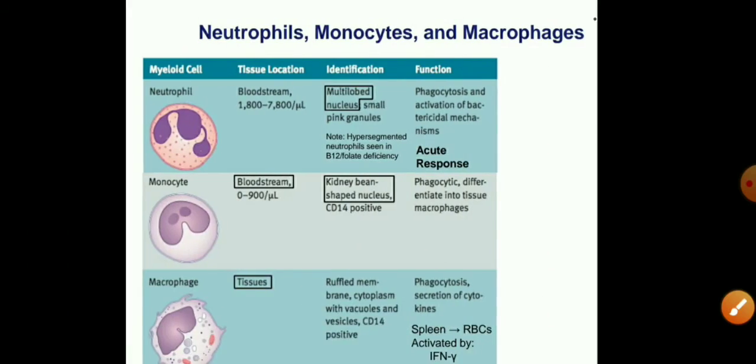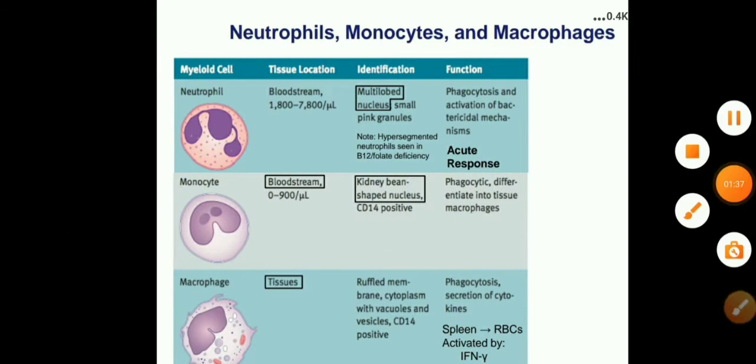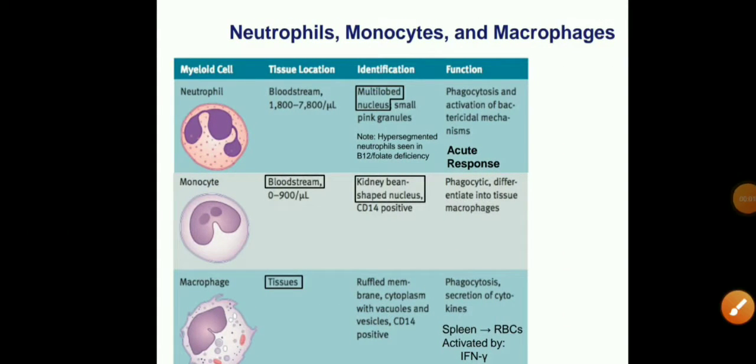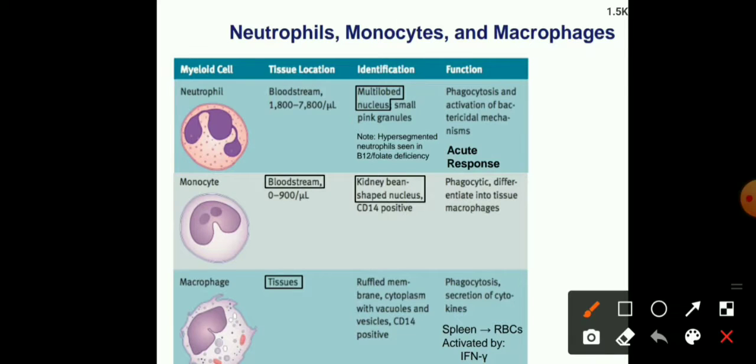Now let's go into more detail about the neutrophils, monocytes and macrophages. Neutrophil is multi-lobed, you can see 3 lobes, 1, 2, 3. It has a multi-lobed nucleus and small pink granules.